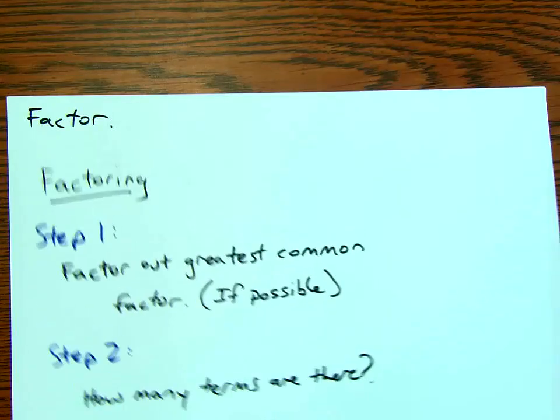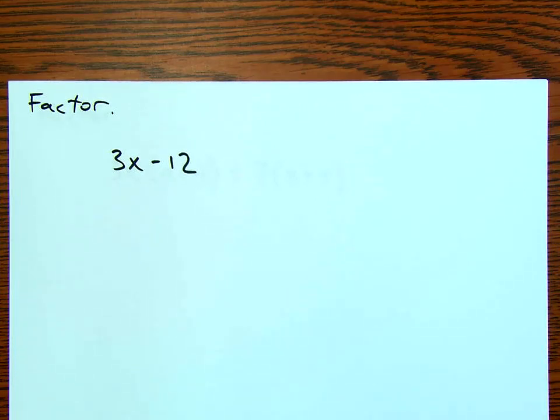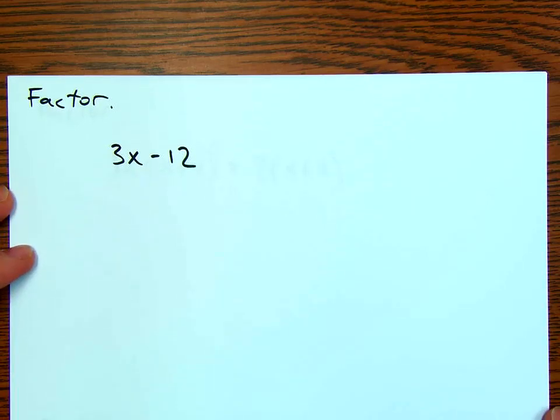All right, so let's practice some. The first thing that we're going to do is recognize how many terms we have in the expression. That way, when we go through our steps, we can make sure that we're following them correctly.